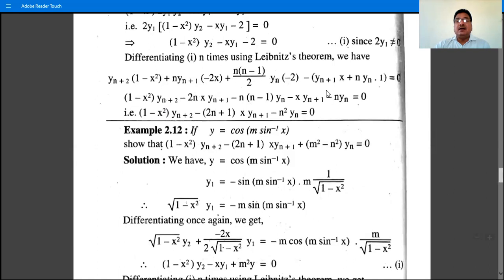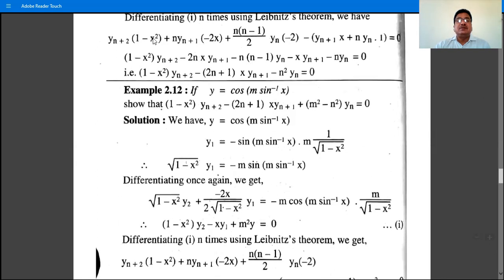And then arranging these terms. This term is (1 minus x square) y_{n+2}, then this term is minus 2n x y_{n+1}, then minus n(n-1) y_n. After the negative sign is applied to the two bracket terms, we have minus x y_{n+1} minus n y_n, equal to 0.